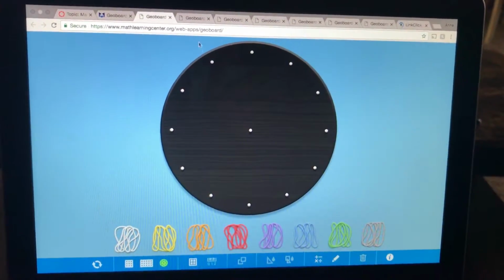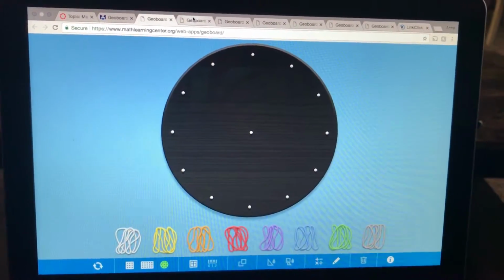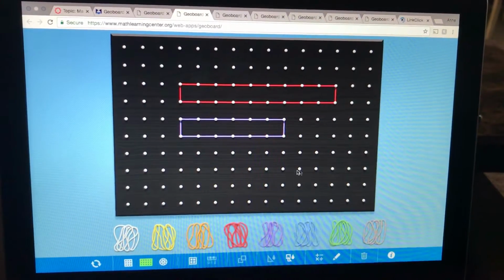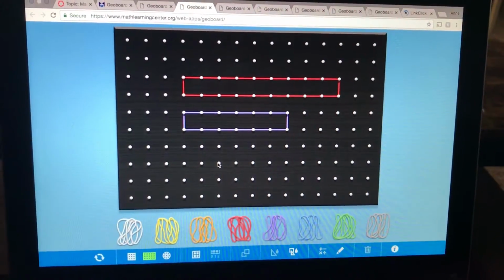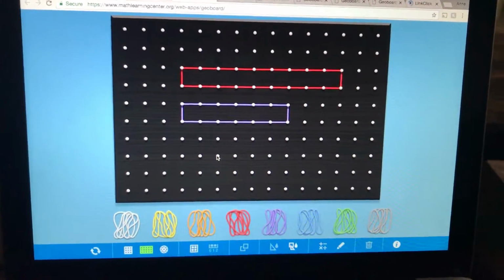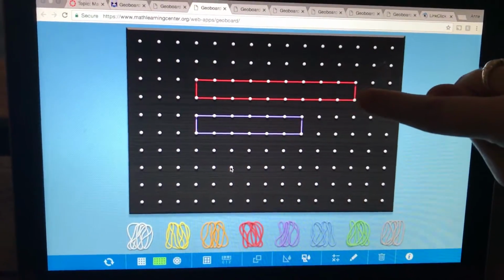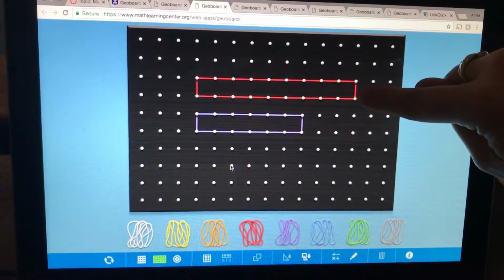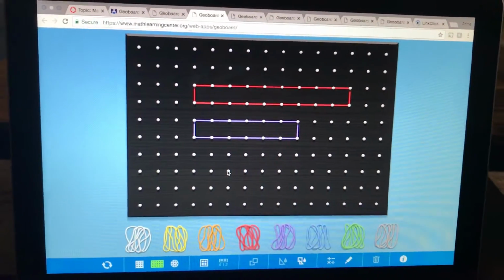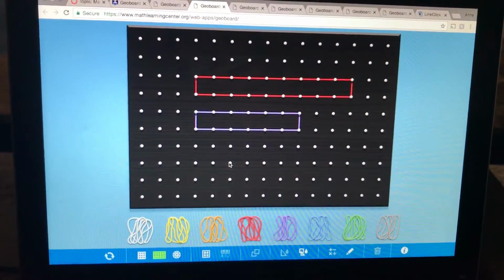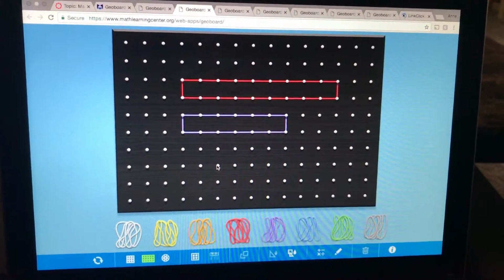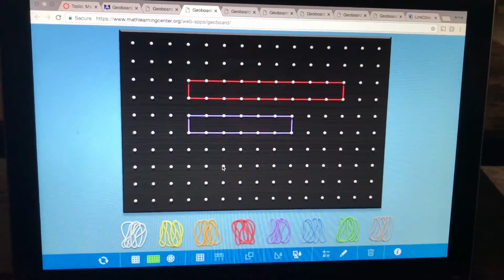So one way that I think you could use this at a younger grade is with numbers and algebraic thinking. So in this instance, I would have students create a number sentence with these two number lines. So you can see in this first one, this is a number line showing 9, and this is a number line showing 6. So what I would have my students do is show their thinking and discover what the difference is between these two units and create a number sentence doing that.